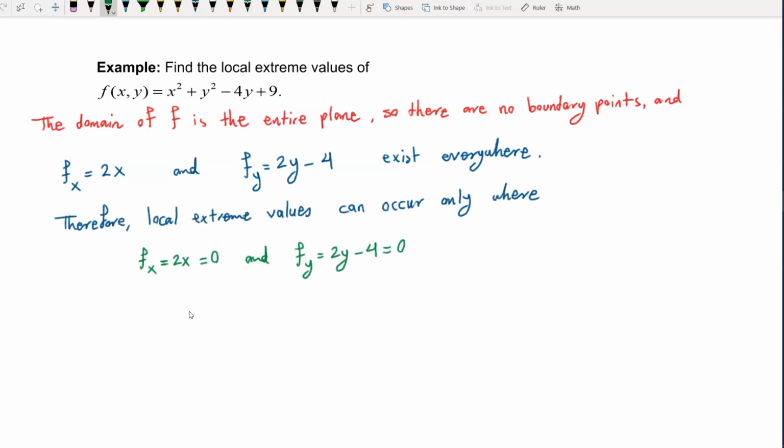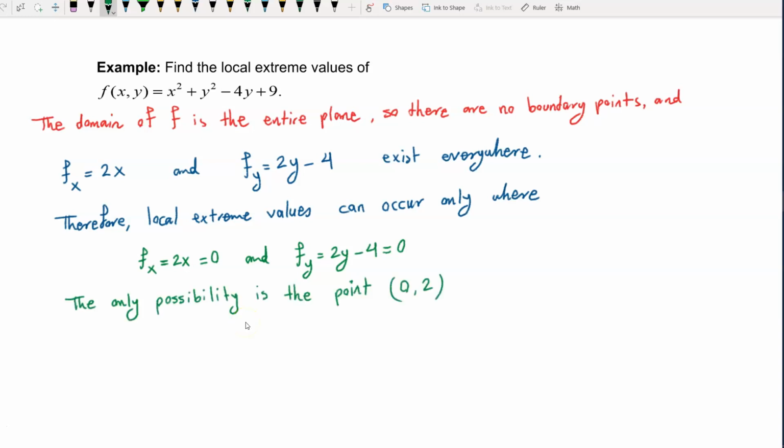We have local extreme values when both partial derivatives are equal to 0. So 2x equals 0 and 2y minus 4 equals 0.